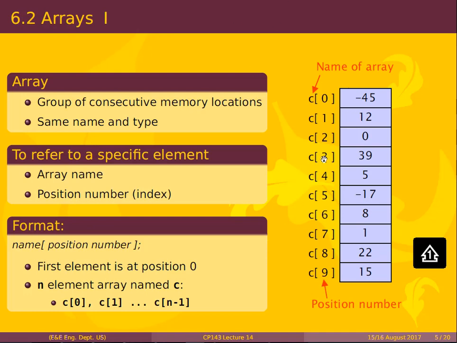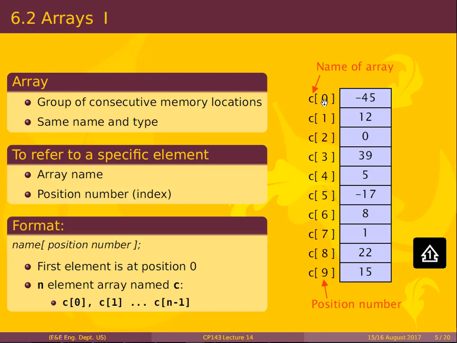So if we draw it out, this block on the right-hand side is what an array looks like in memory. This C is called the name of the array, and each of these square brackets is an element. So this array has 10 elements, but very important, we start here with the element at position 0.